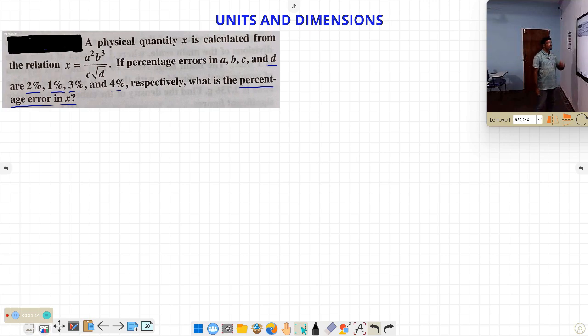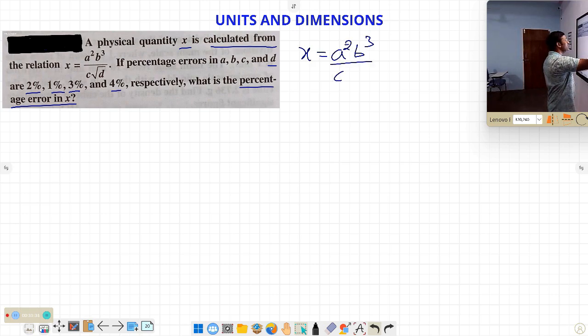The next problem is based on percentage error. Look at this question. A physical quantity x is calculated from the relation x equal to a square into b cube by c into root of d.